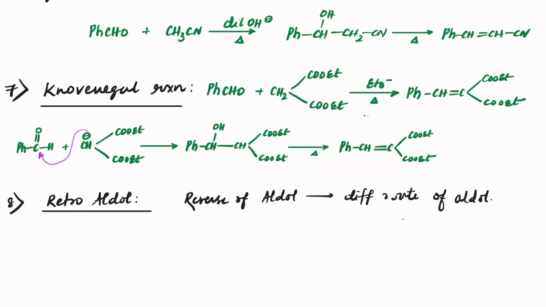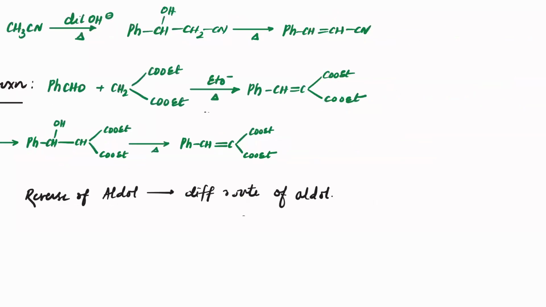Now, here is an interesting fact. I can actually continue this reaction from here. Up to this, the reaction is done, but I am continuing. What if the same reaction is asked to hydrolyze first? On hydrolysis, we will first get Ph-CH=C(COOH)(COOH), because esters will get hydrolyzed to form acids. And these acids, if I heat them, have you noticed that both COOH groups are at beta position to each other?